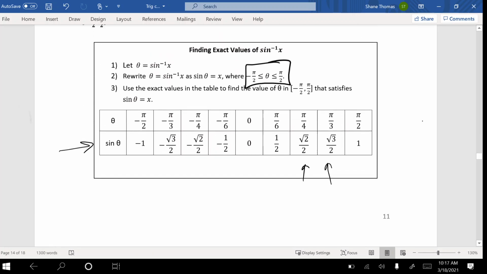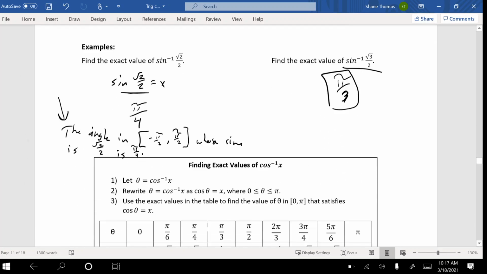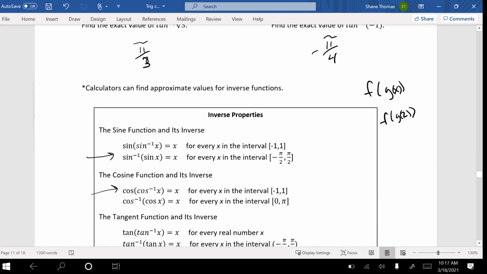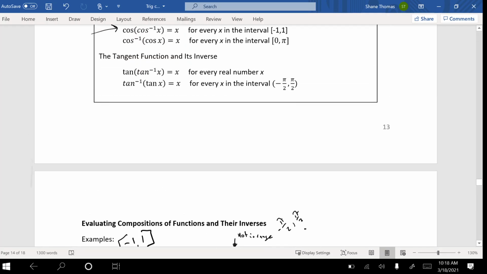Inverse sine of -1. -1 is right there. So it's negative pi over 2. See how we did that? It was within the range of -1 to 1. So it fell within that range.